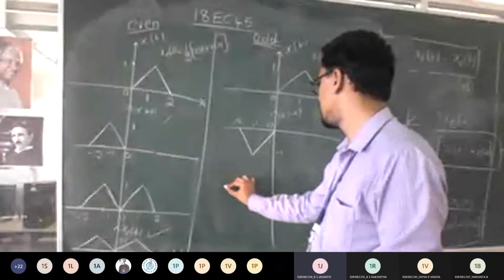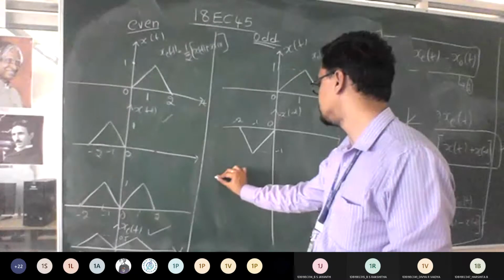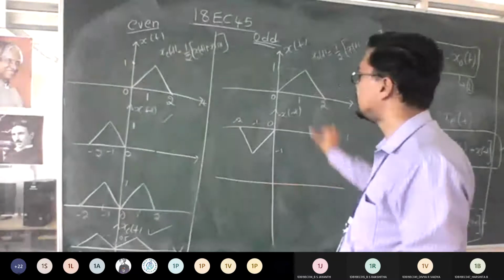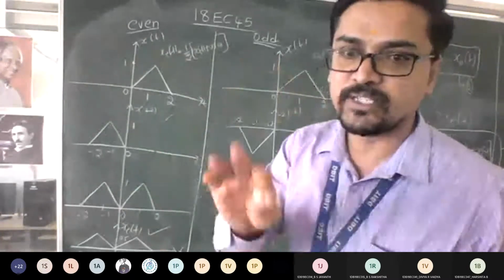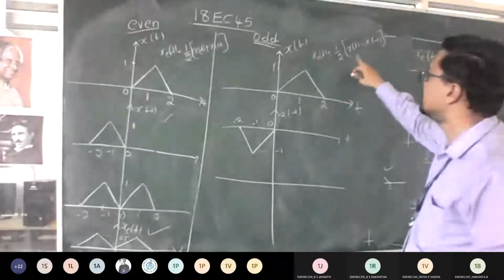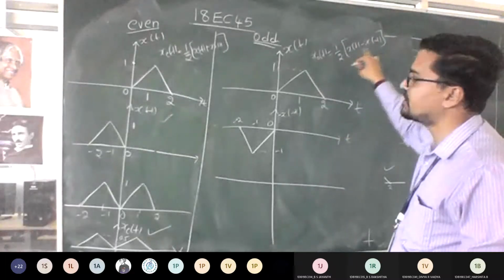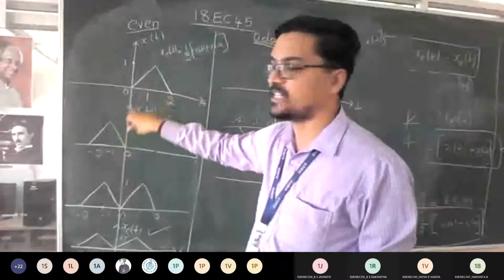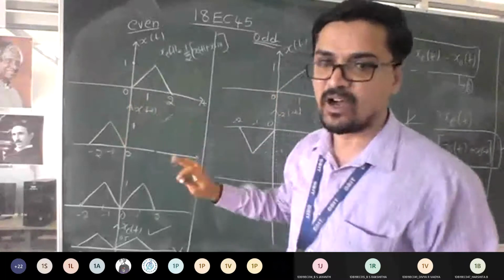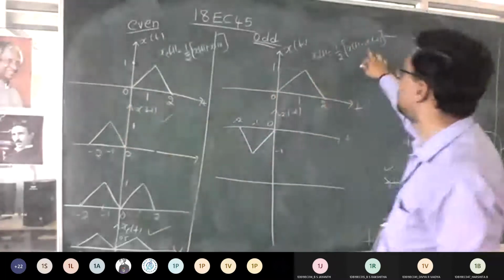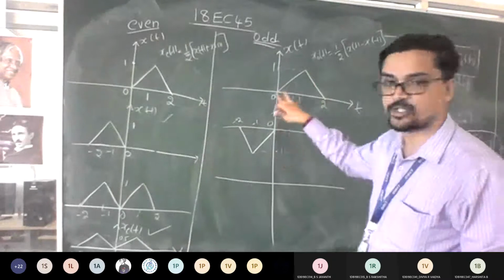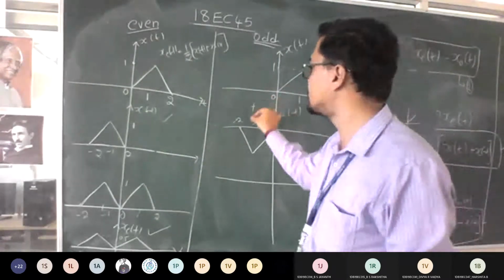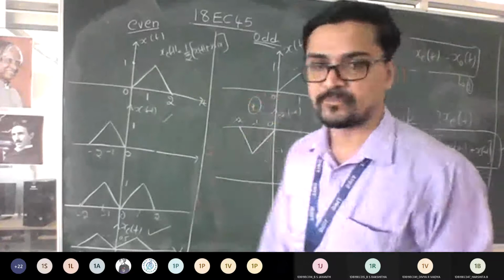So now, what's the logic we want here? I need to add these two. I'm not taking any subtraction part here. I can do the things in two ways. If you write x of t and x of minus t, and subtract, you will get the same answer. Or I have made this minus itself as one waveform, so now we should not do subtraction. You need to add these two.